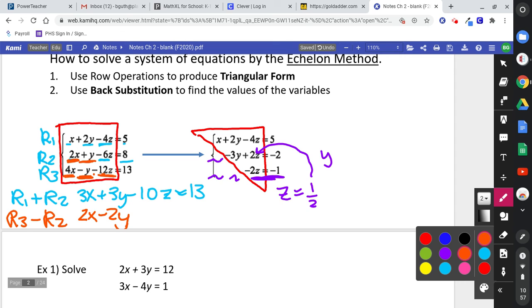Negative 12z minus negative. And here's where you run into problems when you have to subtract a negative in your head. So feel free to use a calculator. Use a calculator with parentheses. Type in everything. Okay, negative 12 minus negative 6 is going to be plus 6. Negative 12 plus 6 would give me minus 6z right there. And then 13 minus 8 is 5. Okay, so those are the row operations. That's the kind of thing that we're going to need to do once we get there.